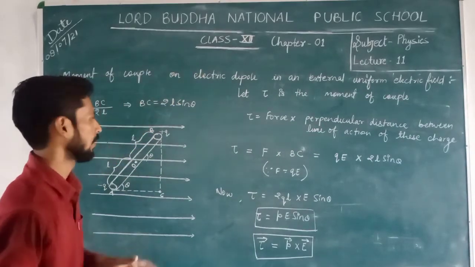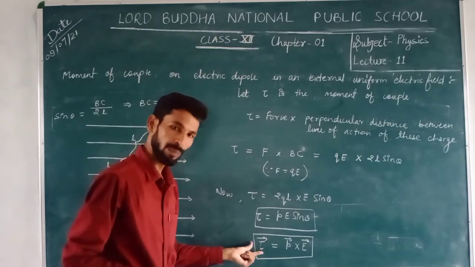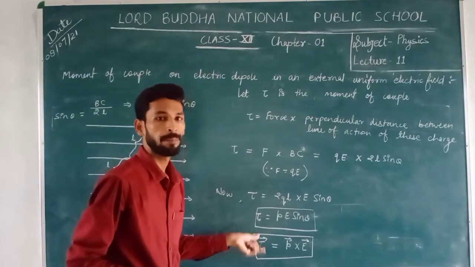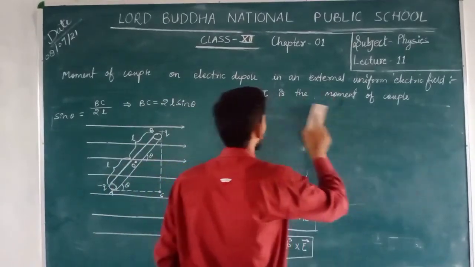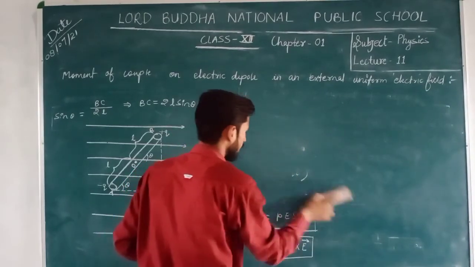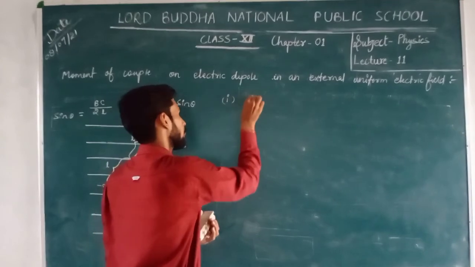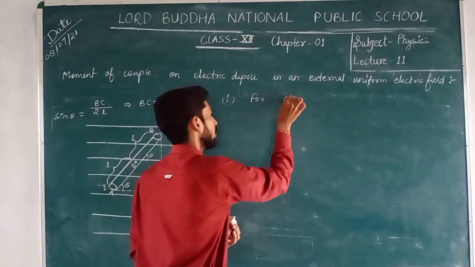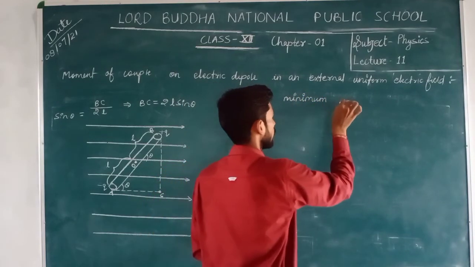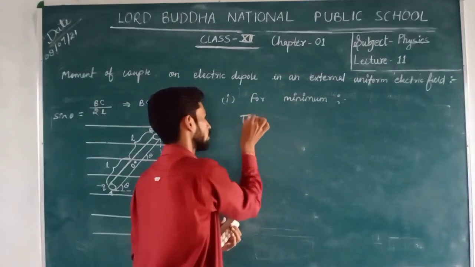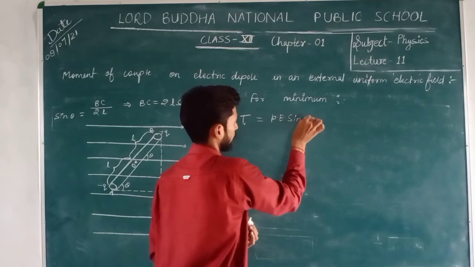In these cases we can find the minimum moment of couple, and also the maximum moment of couple. So the topic is maximum torque or minimum torque. Point number one, for minimum moment, tau equals P E sin theta, we know that.